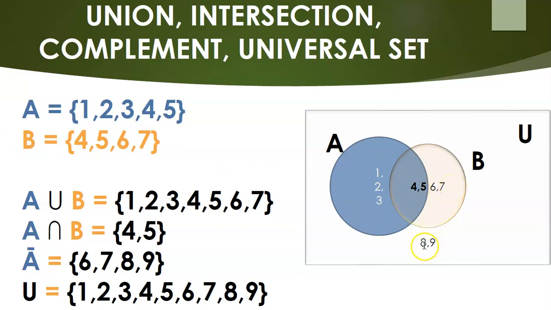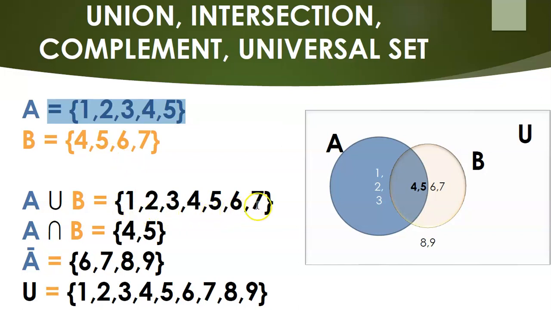There are two numbers here, 8 and 9, which are neither in A nor in B. So the union of A and B is determined by all the elements of A as well as all the elements of B.